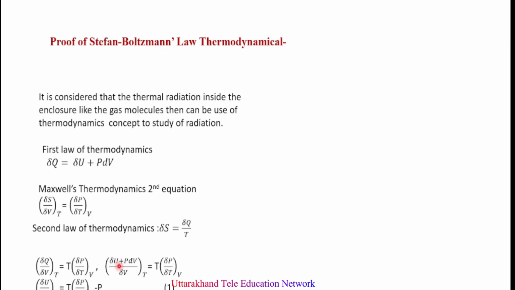We get (dU + P dV)/dV at constant T equal to T (∂P/∂T) at constant V. Now divide each term by dV and simplify.